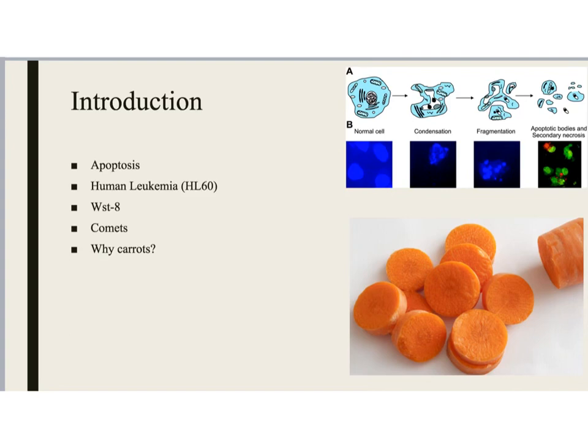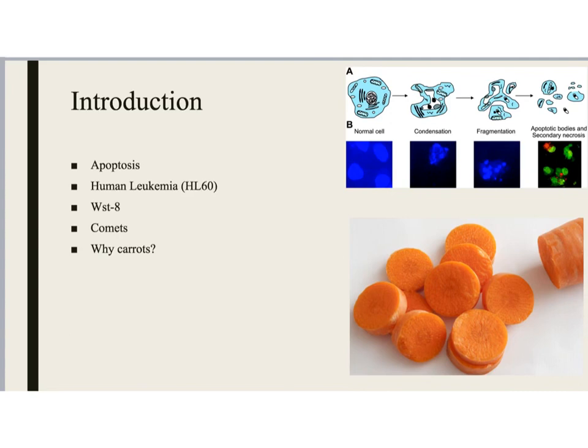An important part of this project was WST8, which we treated our cells with because when it's added to cells, it will produce a water-soluble yellow/orange colored dye upon its reduction in the cell. And viable cells will be seen at an absorbance of 450 nanometers. So we looked under the microscope for this.